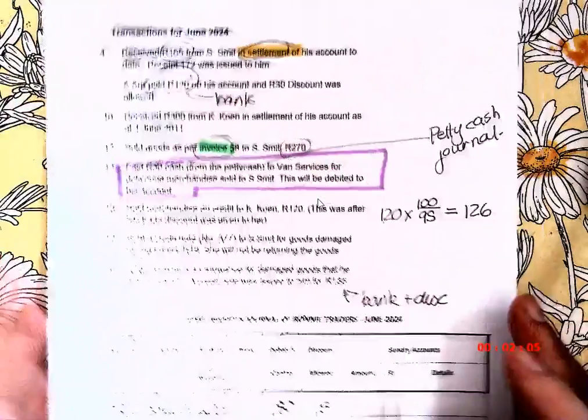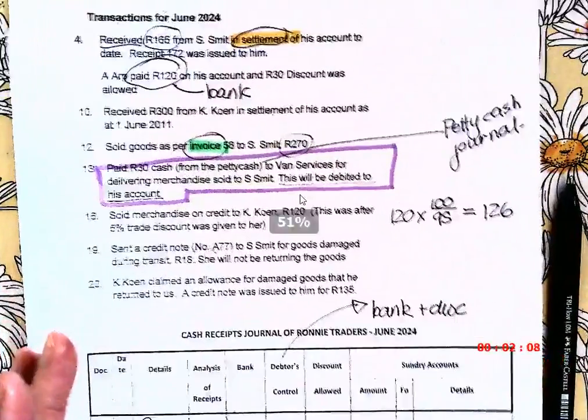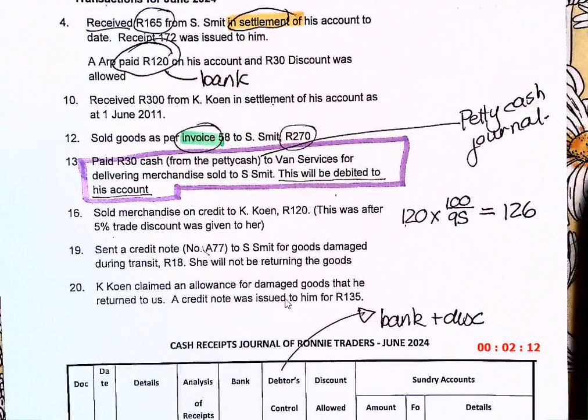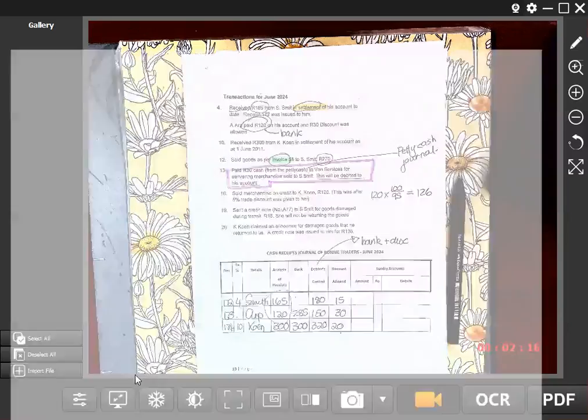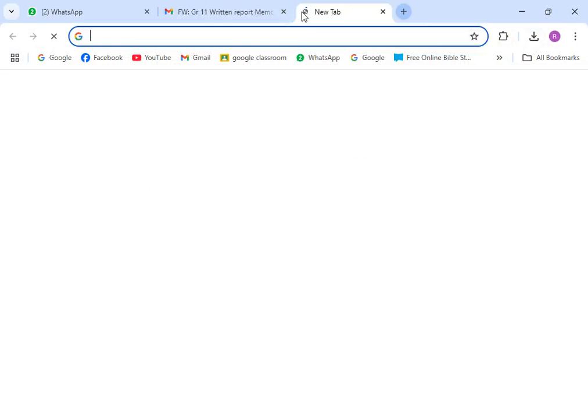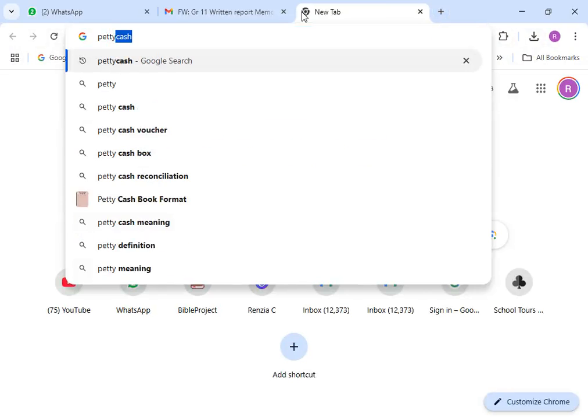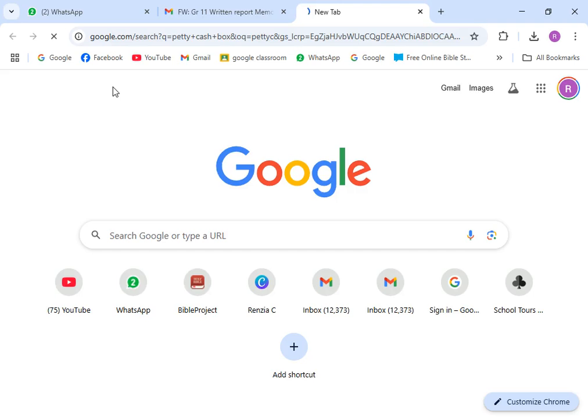Now the next one, I explained to you yesterday, but I want to explain it again. So we have a petty cash. Remember yesterday we looked at the pictures. Let's go get that picture again of a petty cash. We have a little petty cash tin box, and it basically looks like this.